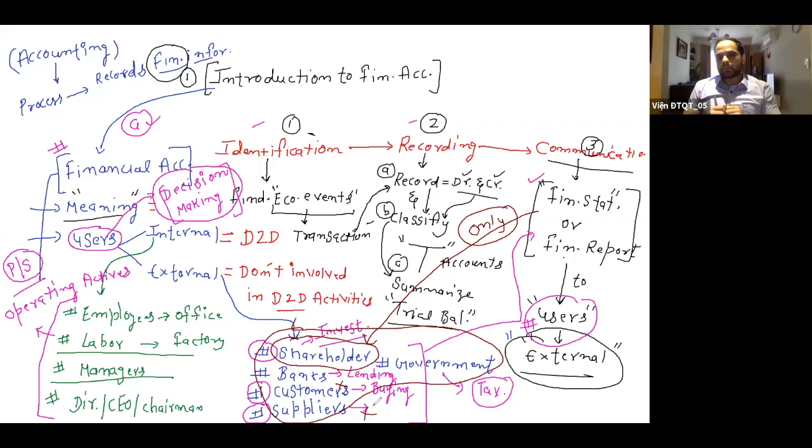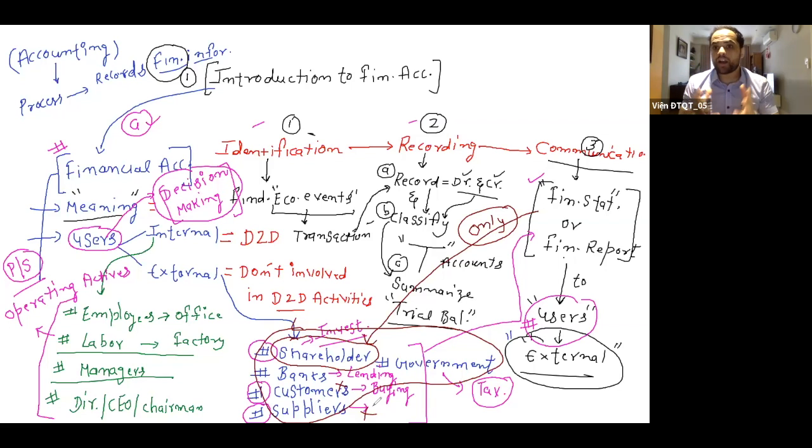We have to keep in mind all kinds of users. They probably need the company's financial information. We should not ignore other kinds of users like a supplier or the customer. We have to keep in mind all the users. So by keeping in mind all the users, we should write down the financial information in the financial statement, so all users have enough, complete information to make a right decision.